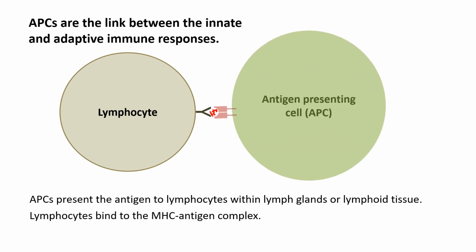How they do this is that the antigen presenting cell binds to the lymphocyte via its antigen MHC complex. It binds via a specific receptor on that lymphocyte for binding to MHC. We'll talk more about that in the last part.